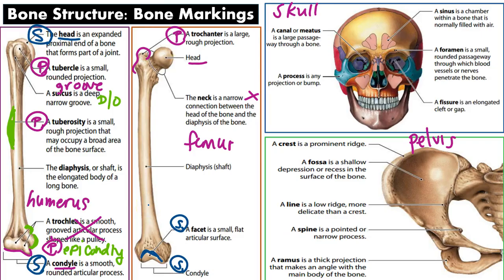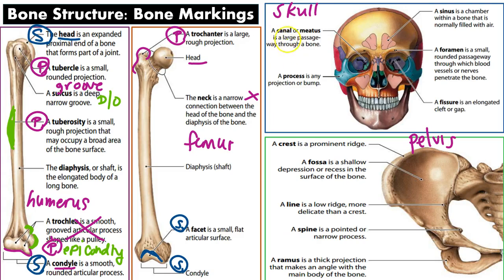That will be considered a facet. And yes, you can have a facet that's on a condyle, for example. And even when you're looking at a condyle here, I definitely mix this up. But even though you're looking at a condyle here that's surface, it can also become a projection if it's an epicondyle. Let's go ahead and go to the skull so we can get more information about this as well.